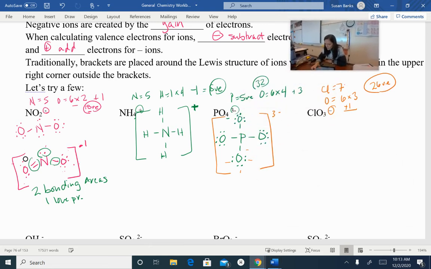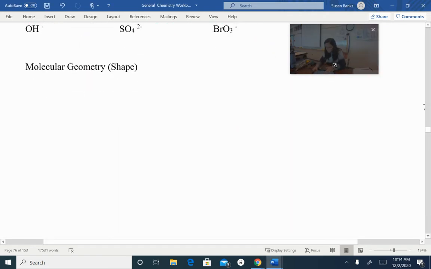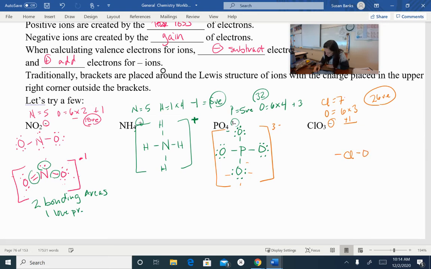Now, oxygen is more electronegative than chlorine. So we're going to put chlorine in the middle, and we're going to put a single bond to each of the 3 oxygens. Now that single bond gives the oxygens 2 electrons.